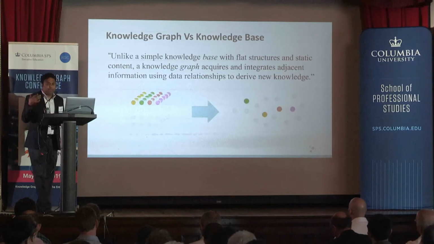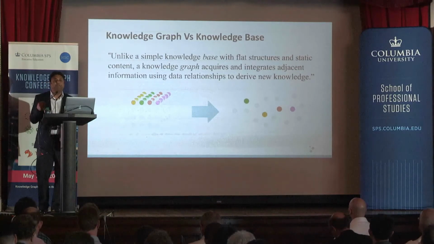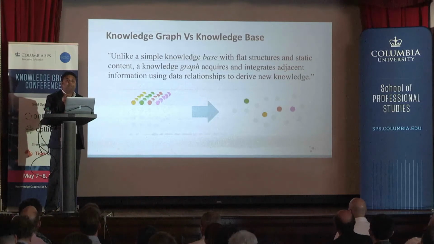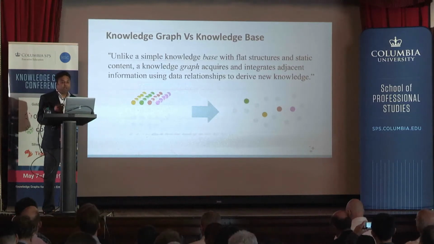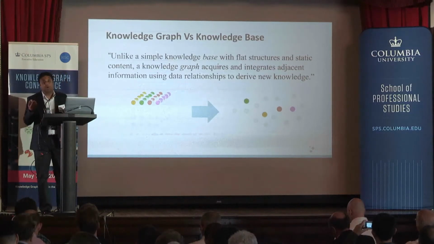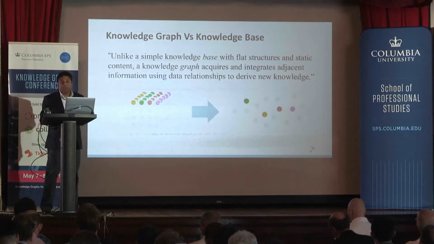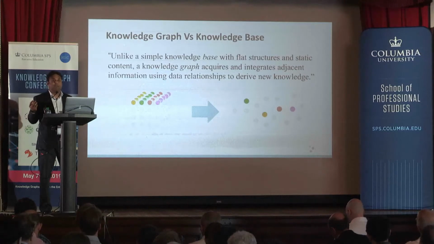So those are some examples of knowledge graphs, but what is a knowledge graph? How do you differentiate a knowledge graph from a knowledge base? When you have a fact or knowledge, and it is put into a flat structure, it's static content. And when you search for it, you get back the same knowledge.